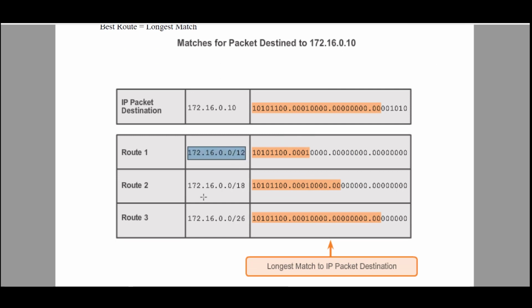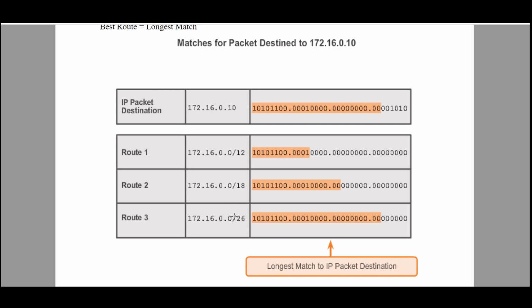Next one is 172.16.0.0/18 and /26. So they are increasing the number of bits. Here 2 bits are increased, here 10 bits are increased, because by default 16 should come. But here it is 18 and here it is 26.